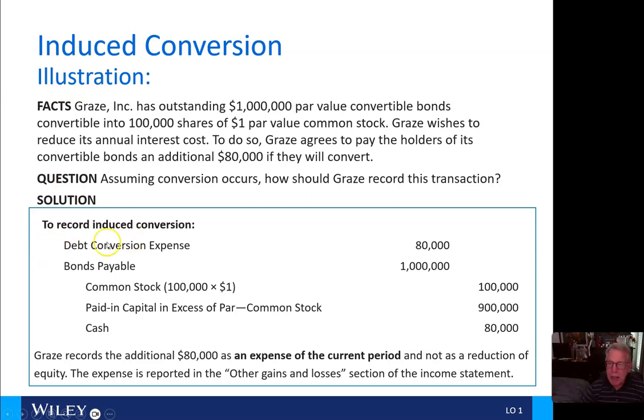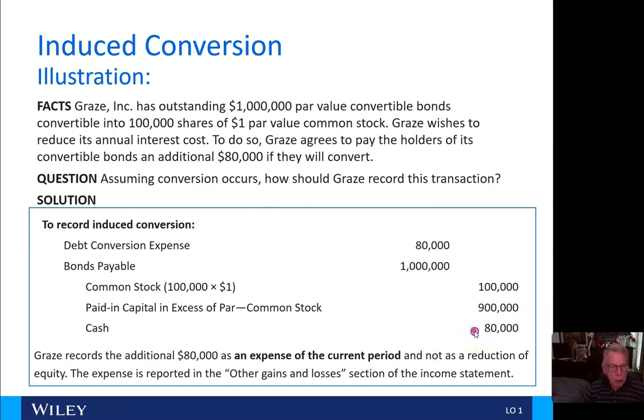Well, we're going to debit the conversion expense, as we explained in the prior slide, to recognize this sweetener, and then we're going to wash out bonds payable for $1 million. We're going to convert that into common stock by debiting common stock at par here, 100,000 shares at $1 par, and then the remainder is going to go into paid in capital in excess of par for $900,000.